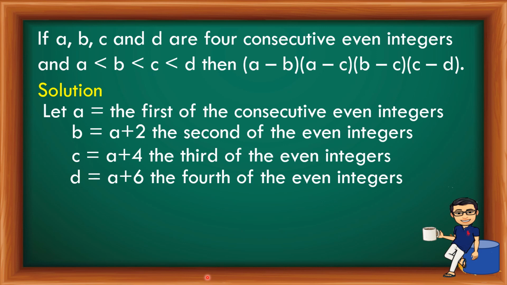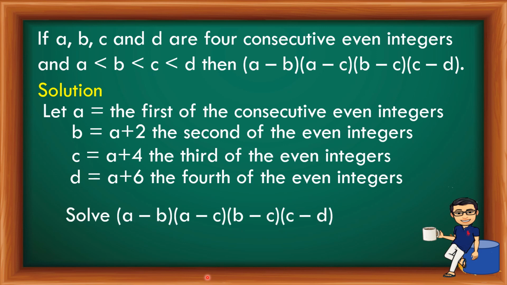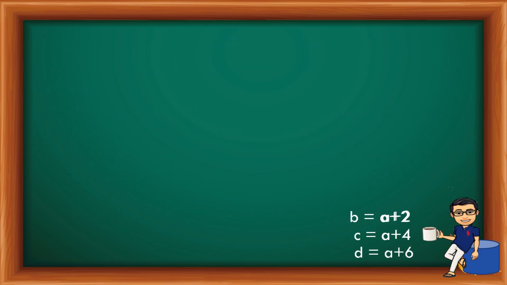Then after that, we need to perform our operation. So solve the quantity A minus B times the quantity A minus C times the quantity B minus C times the quantity C minus D by substitution. So we'll be applying the representation value to solve this given expression.